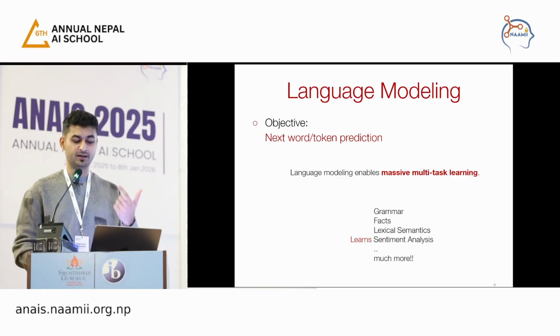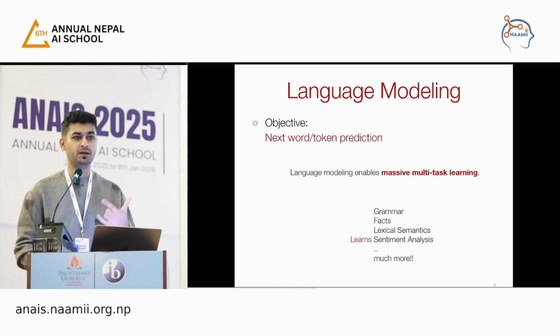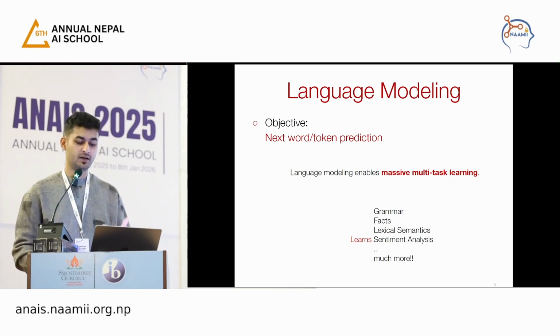You are enabling massive multitask learning. We have just one single objective that allows the language model to learn grammar, different facts, lexical semantics, sentiment analysis, movie rating, maybe maths, maybe autocompleting code, all under just one framework, and much more. This is the kind of simple yet very powerful objective that language modeling has.